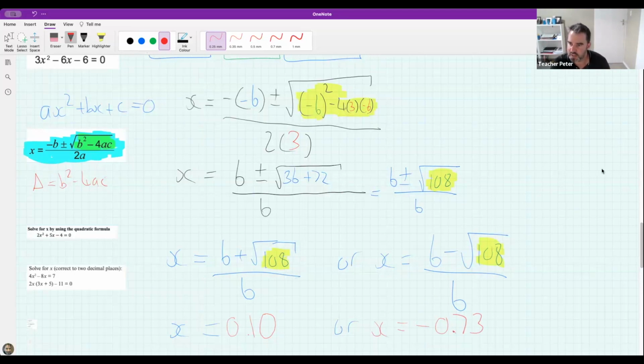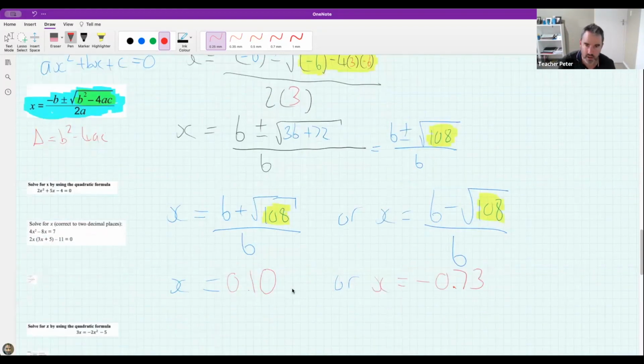Can we just check how we're going on that? I don't think I made a mistake here. 6 plus square root 108 divided by 6, 6 minus square root 108. Does anybody else get what I'm getting? Put your answers in the chat, please, people of grade 11S.